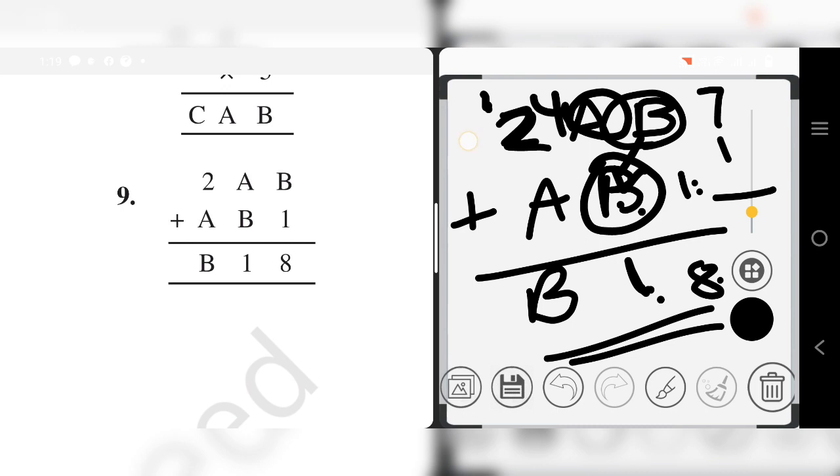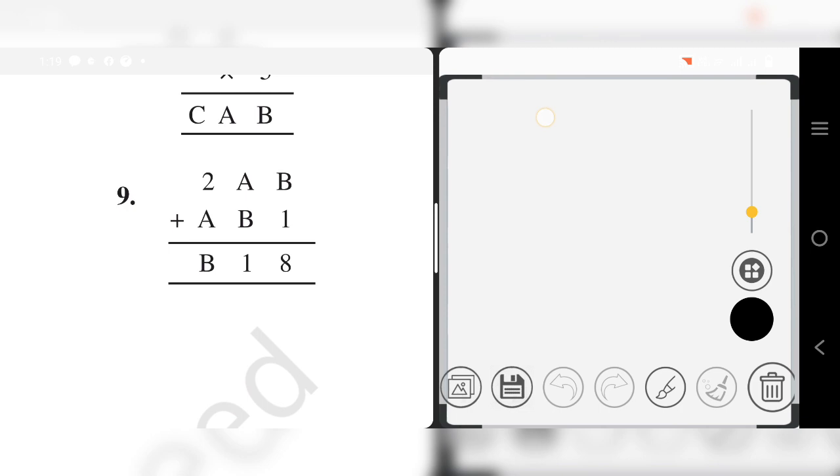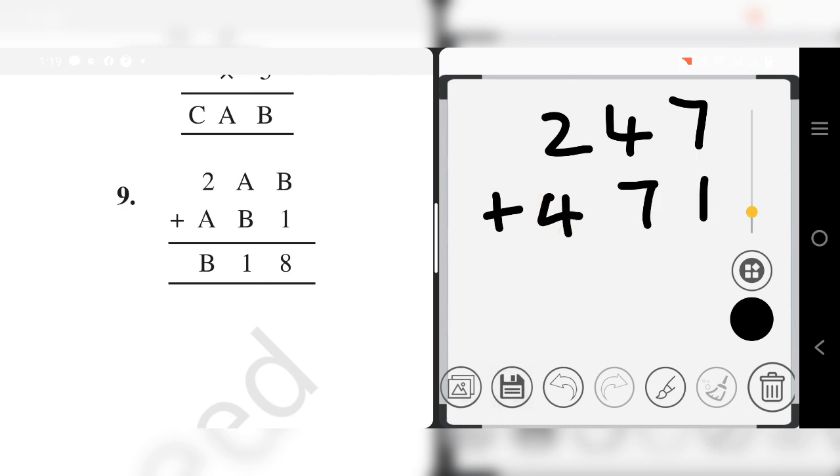Next, 1 plus 2 is 3. 3 plus A is equal to B. B value is 7. So if we add 3 and A, we should get 7. And here already we got the value of A, that is 4. So 3 plus 4 is 7. So our answer is correct. Let me write it neatly. 247 plus 471 is equal to 718.